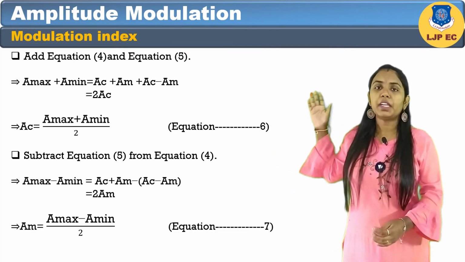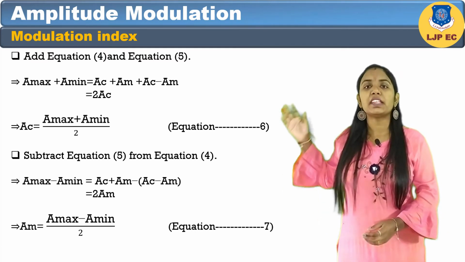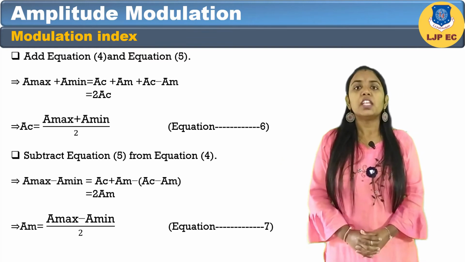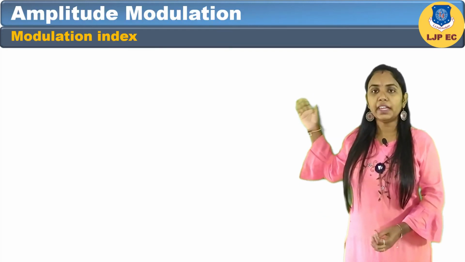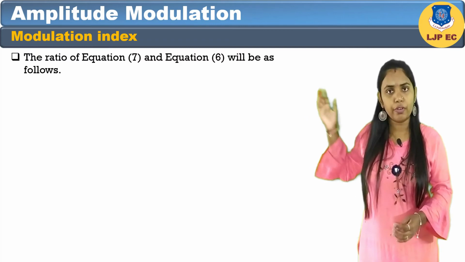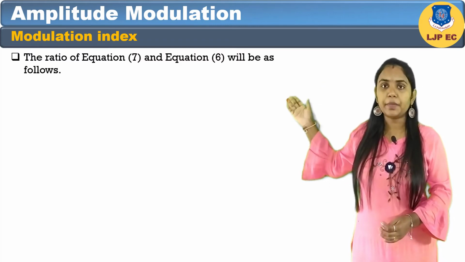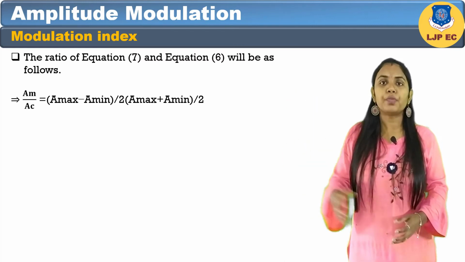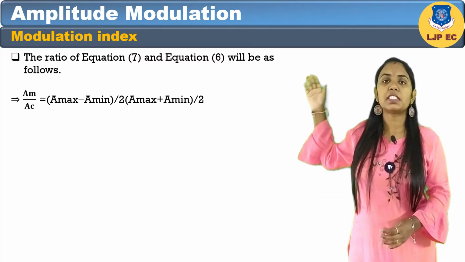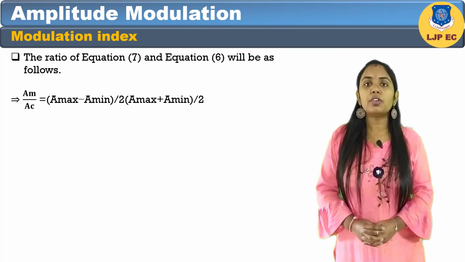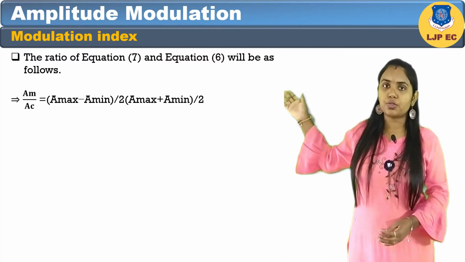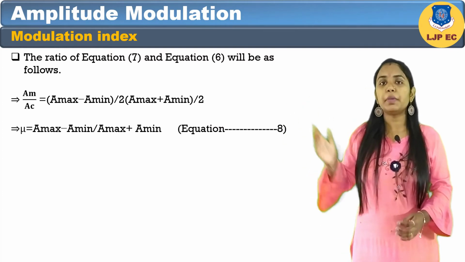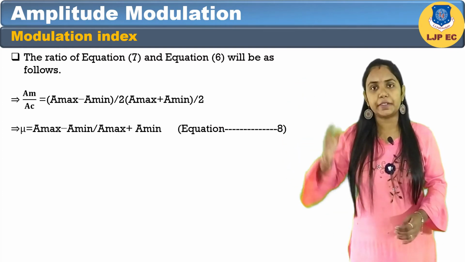Now Am = (Amax - Amin)/2. This is our equation number 7. The ratio of equations 7 and 6 we can write as follows. Am/Ac = ((Amax - Amin)/2) / ((Amax + Amin)/2). So μ = (Amax - Amin)/(Amax + Amin). That is our equation number 8.